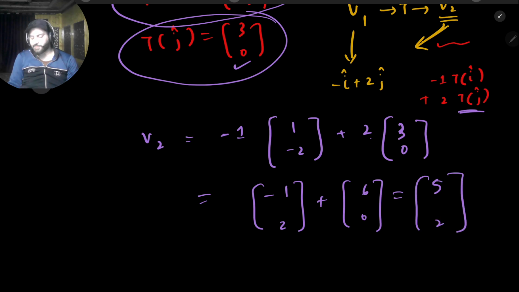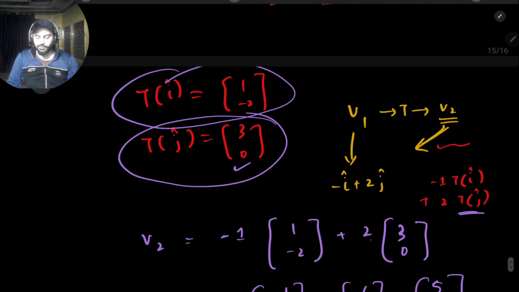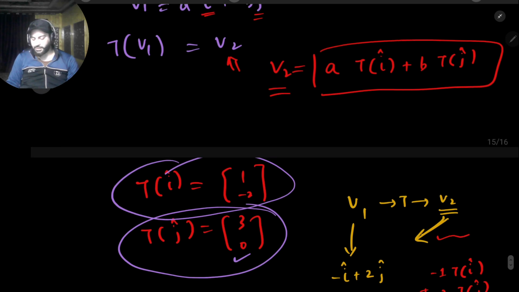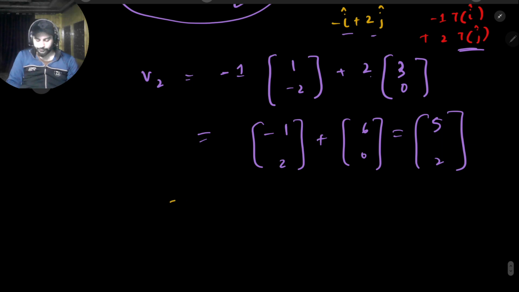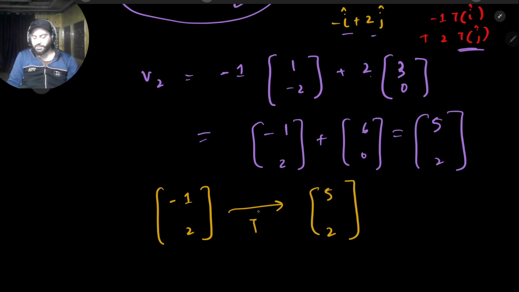So here is the transformed vector. We took this vector, which was (-1, 2), and it got transformed to (5, 2) by using the transformation that I just showed you. Is the concept of transformation so far clear, how we got these transformed values?